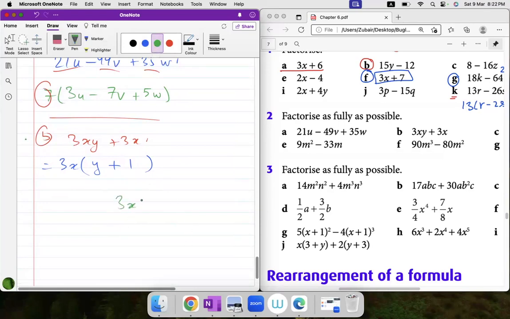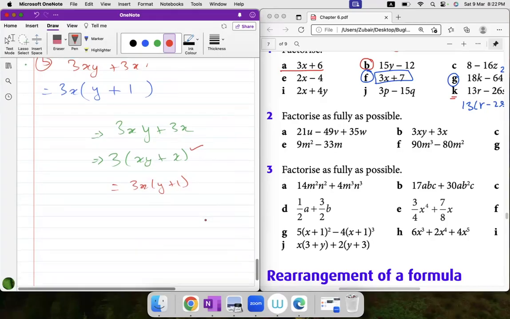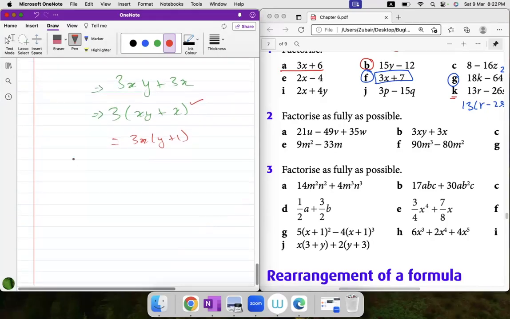You took out 3 and you left xy plus x. And this is correct, but it is not complete. So we take out that x as well, and we are left with this. That's correct, but not complete. And it's fine if you do it in one step or two steps.